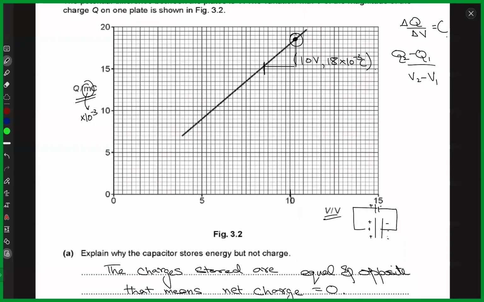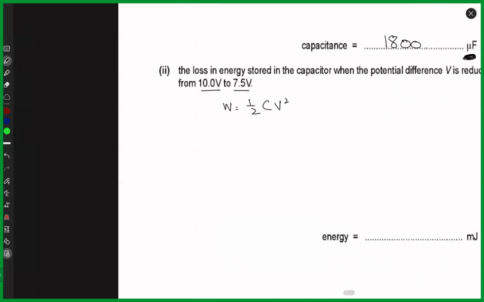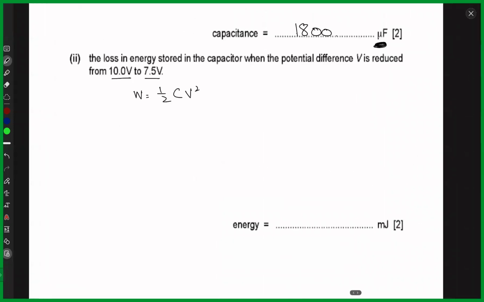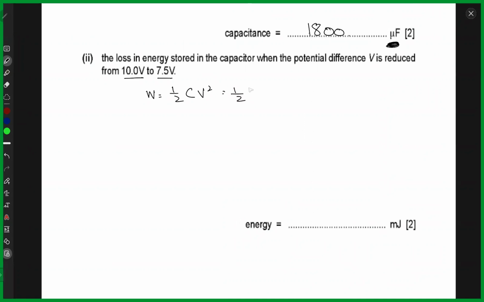The other method is the same one that we have been using so far. As we know, the energy is 1/2 into the capacitance, 1800 into 10 raised to power minus 6 farads, times the final voltage, 7.5 volts squared, minus the initial voltage, which is 10 volts squared, right?